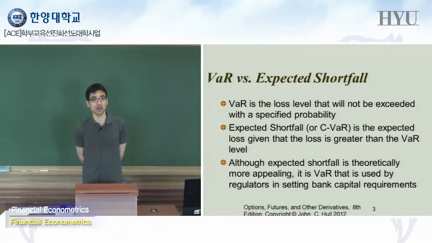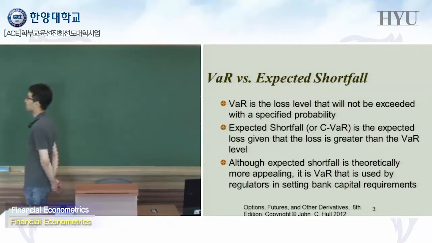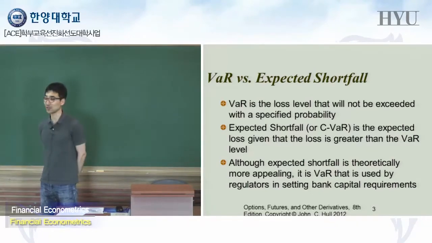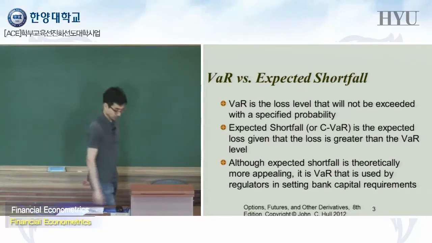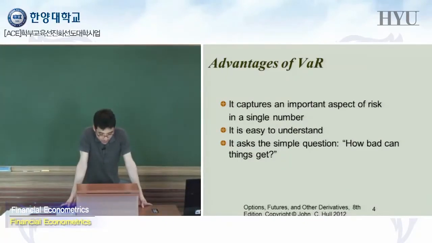For example, every bank should have a certain amount of capital, and that required amount of capital is determined by the value at risk of the company, like 3 times value at risk. So what is the advantage of value at risk? It captures an important aspect of risk in a single number, it is easy to understand, and it asks the simple question: how bad can things get?